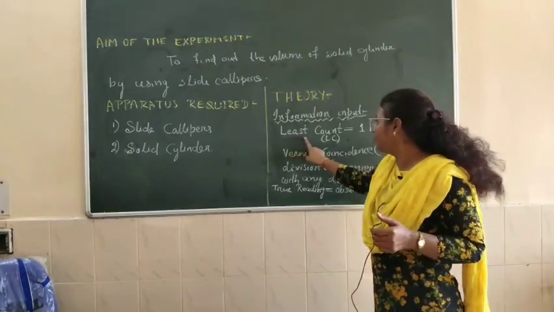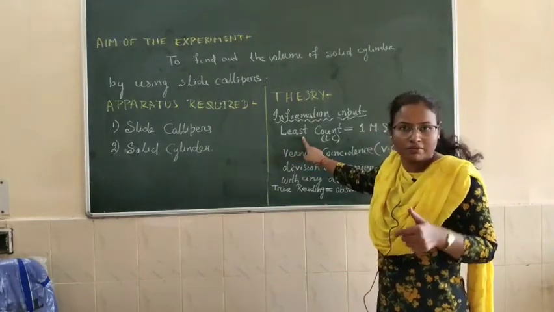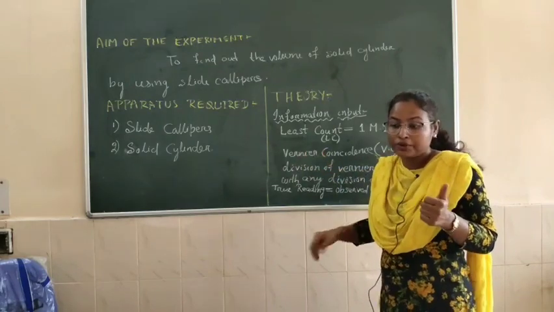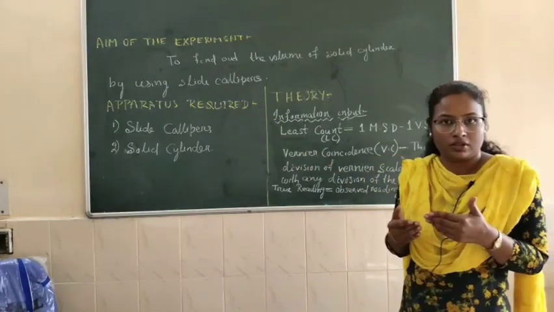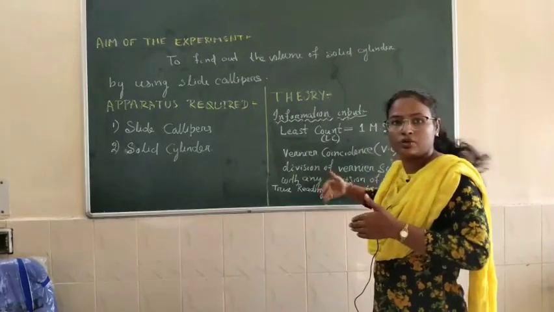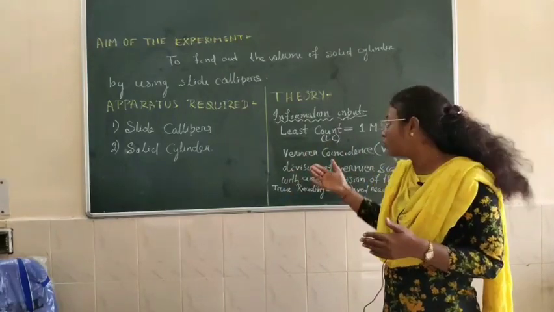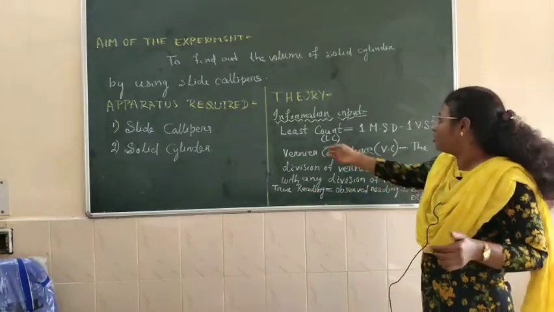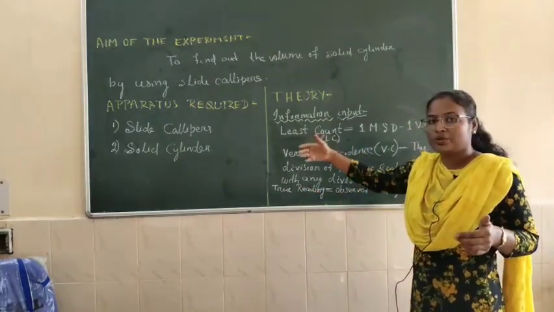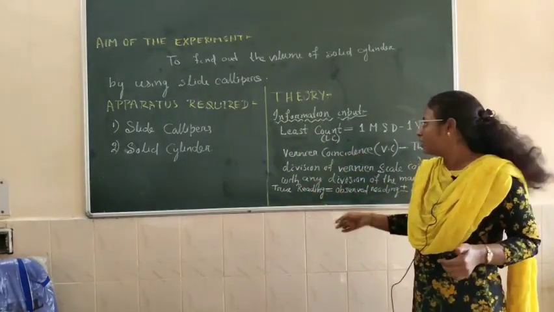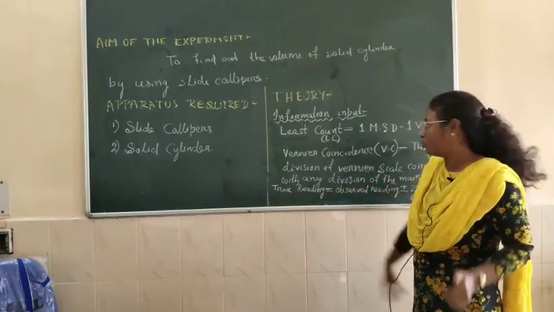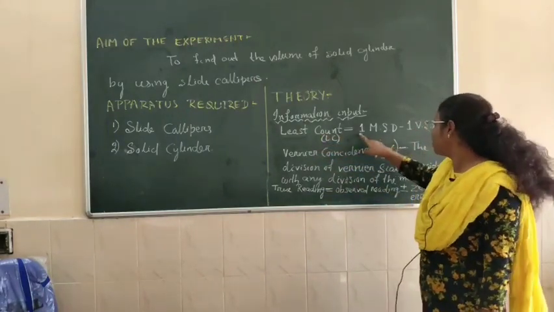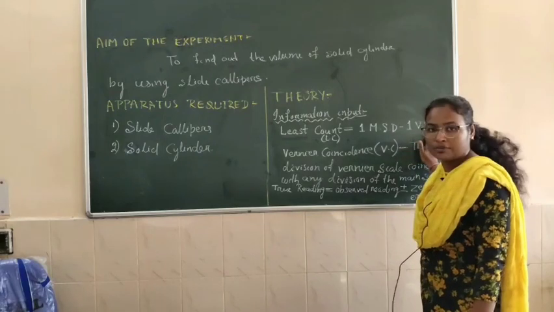Here you can see one term is used, least, meaning minimum. By using any instrument, the minimum measurement which we can accurately measure is called the least count. So, the formula of least count is 1 MSD minus 1 VSD.